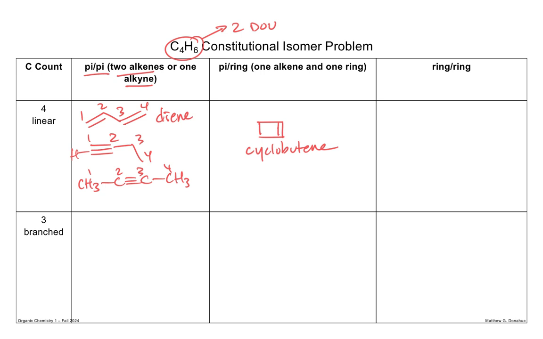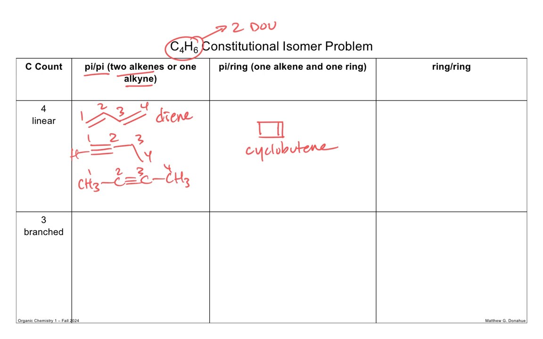What about 2 rings? Could we draw 2 rings with 4 carbons? Not necessarily in this row. If we were to draw a 4-membered ring, that takes up all the carbons.